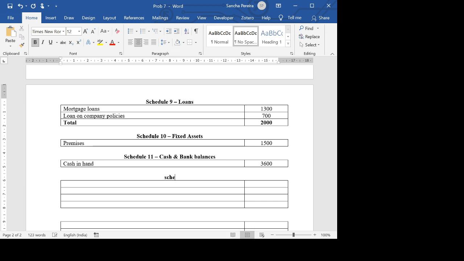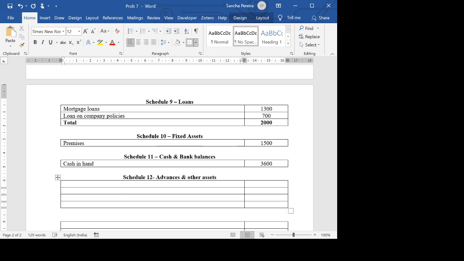Then we have Schedule 12, advances and other assets. Under advances and other assets, we have deposit with electricity board, which is 100. Then we have agents balances. I told you agents balances can either be a debit or a credit.